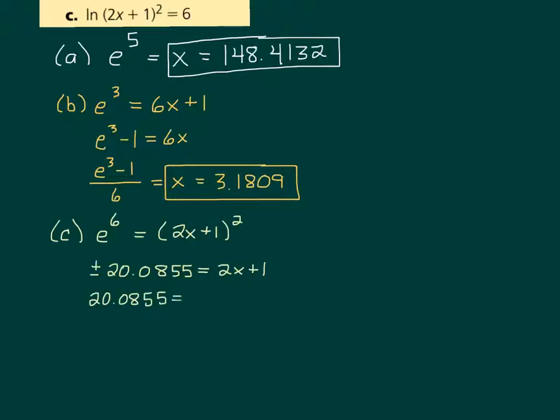20.0855 equals 2x plus 1, or negative 20.0855 equals 2x plus 1. You have those two equations, you just need to solve both of them. Subtract 1 from each side, then divide by 2 on each side.